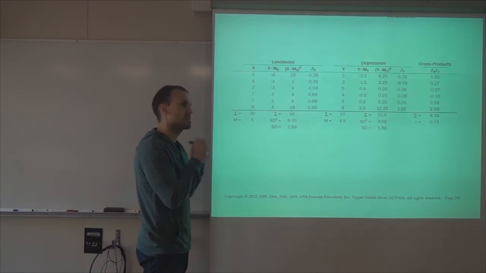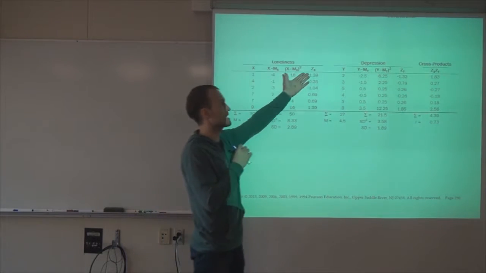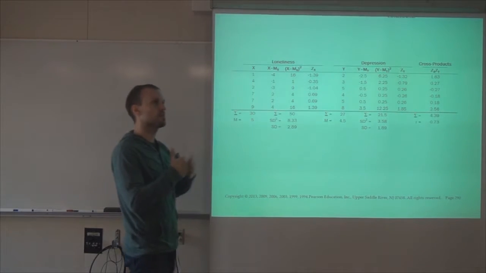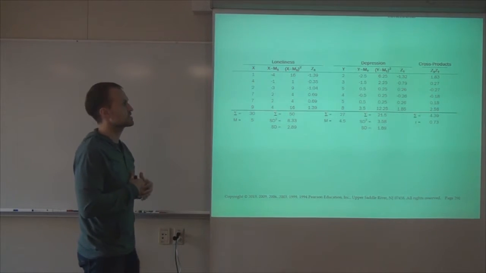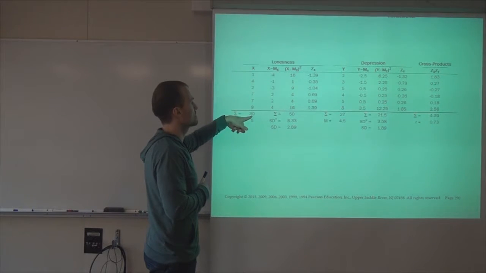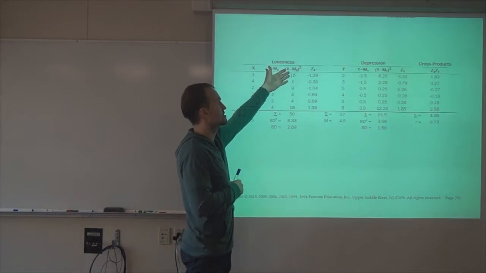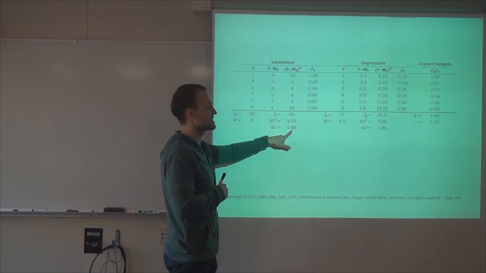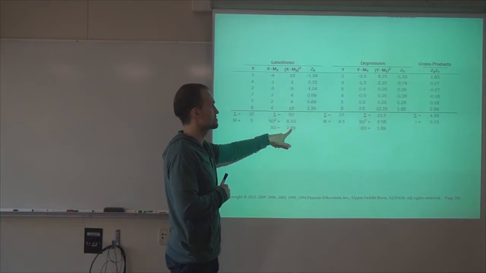I want to standardize the numbers by way of my z-scores and then compare them and see if there's a correlation. So in order to do that, I need to look at the deviations from the mean. I need the sum of the squares in order to get the standard deviation.